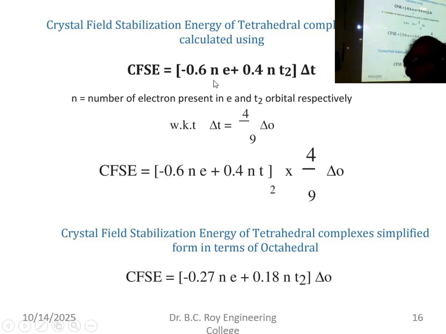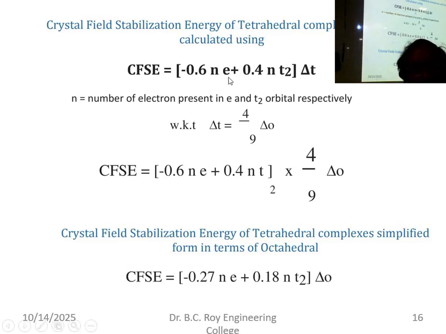So it is minus 0.6 into the number of electrons in E, because E is now down, plus 0.4 into the number in T2. But note one thing: there is no g here. It is not supposed to be there, because there is no center of inversion like in the octahedral. In the case of octahedral there is a barycenter, but in tetrahedral there is no such barycenter.